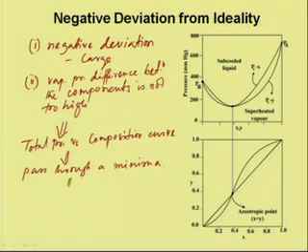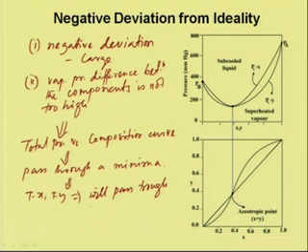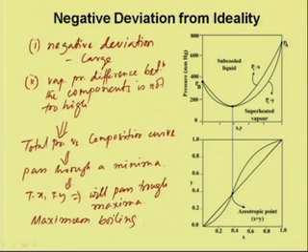Then the T x, T y curve will pass through a maxima. So, this is maximum boiling azeotropes.